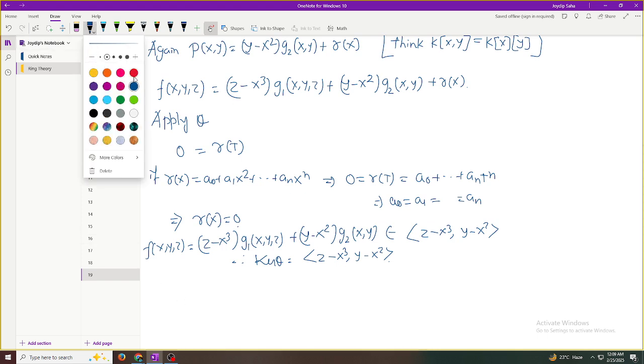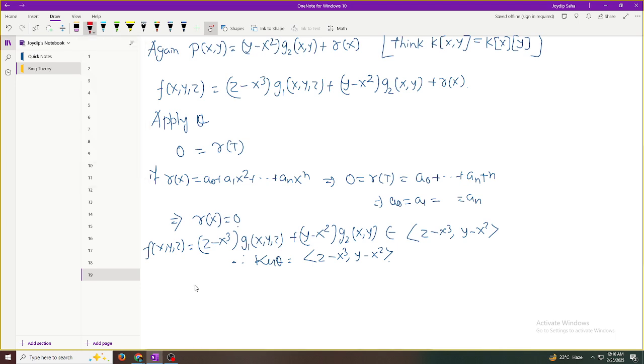This is your homework, and I should stop here. K[x,y,z] to K[t], x goes to t square, y goes to t cube, z goes to t to the power 5. What is the kernel? Can you say?